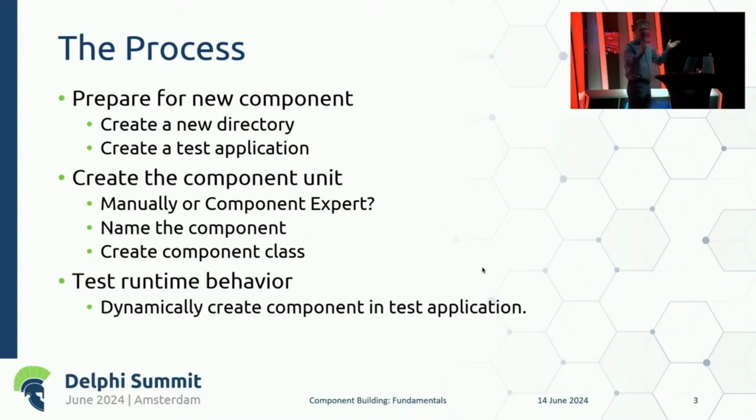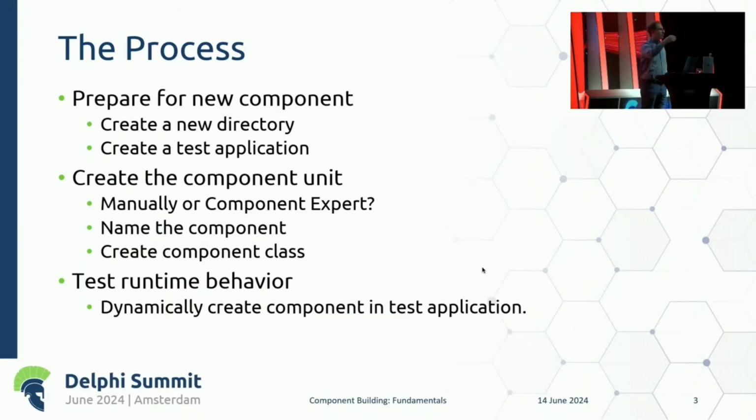So after I create my unit, I implement some methods and some things to get it working. Maybe I just have a brand new unit, doesn't do anything, just a new class. I'm going to dynamically create the component and test it out. Make sure it works. I can debug it. I can do everything I normally do with an application. How many of you have ever dynamically created a control on a form in your application? Yeah, most of you have.